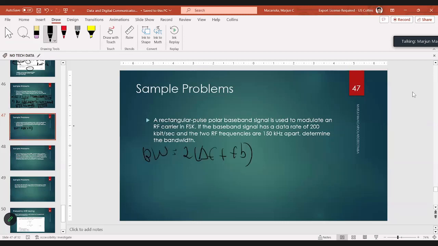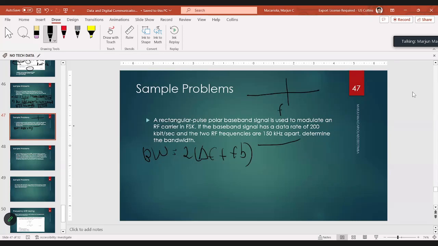So huwag kayong malilito. We have two RF frequencies which are 150 kilohertz apart. So kanina, sa drawing natin, this is your FC, this is your FS, and this is your FM.